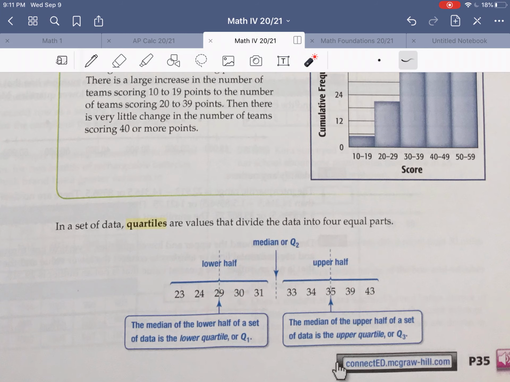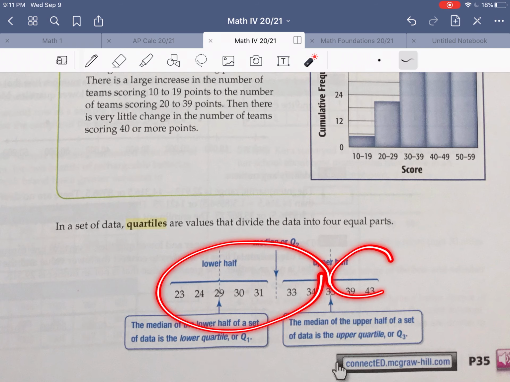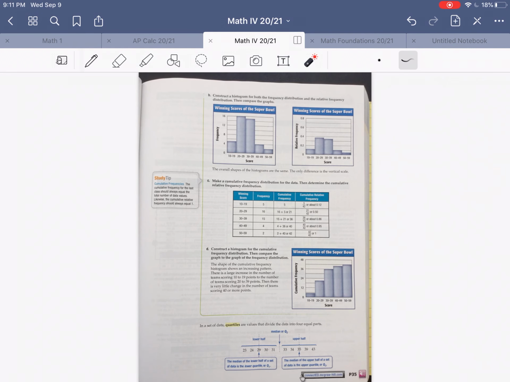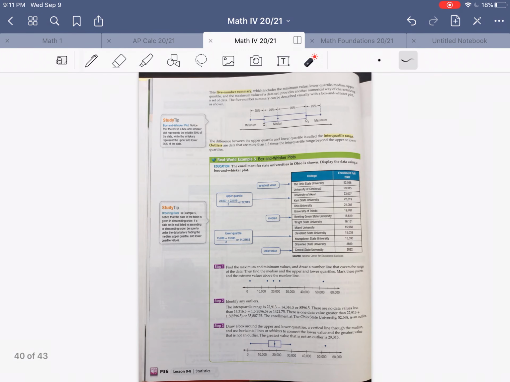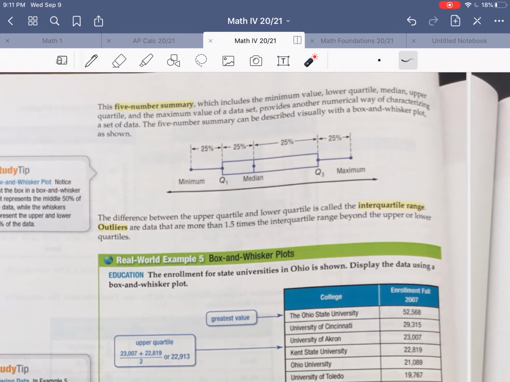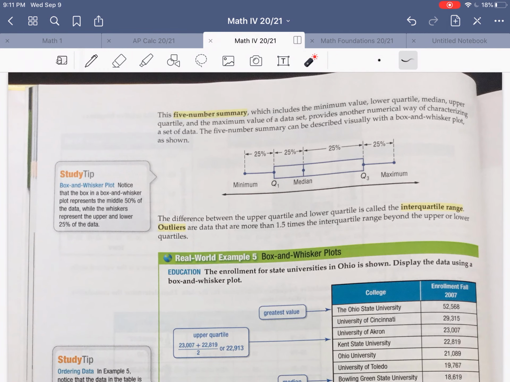So if you're thinking in terms of your median, well, 50% of your numbers are below that, 50% are above. If you're looking at Q3, 75% of your numbers are below that, 25% are above. And you just find Q1 and Q3 the same way that you find the median. It's just that you're only looking at the top half of your data set or the bottom half of your data set. And this is where the 5-number summary comes from.